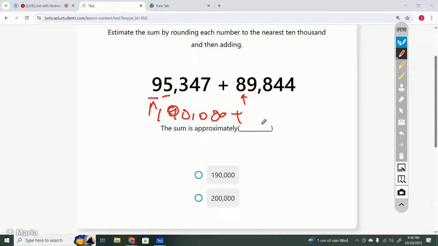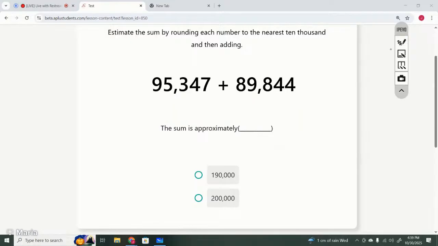And 8, right next we have 9, so it would be rounded to 90,000. Option number 1 is the correct option. That would be 190,000.